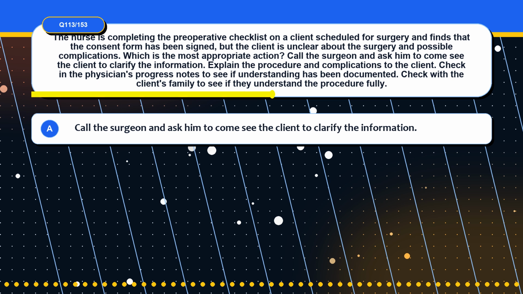Explain the procedure and complications to the client. Check in the physician's progress notes to see if understanding has been documented. Check with the client's family to see if they understand the procedure fully. Here are the options. Option A. Call the surgeon and ask him to come see the client to clarify the information.